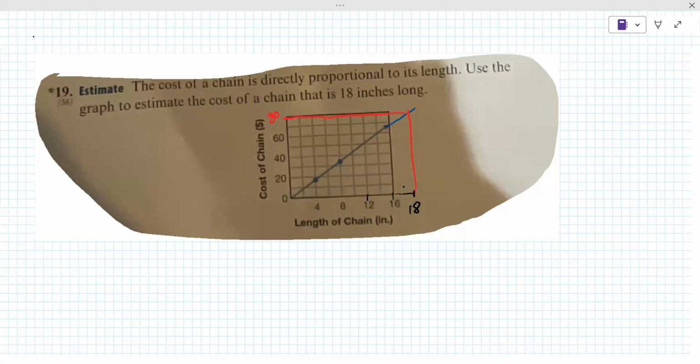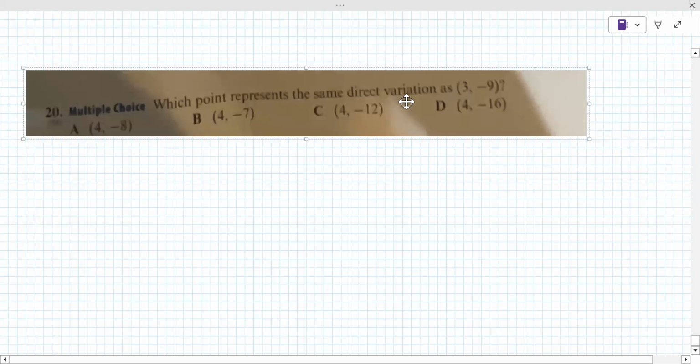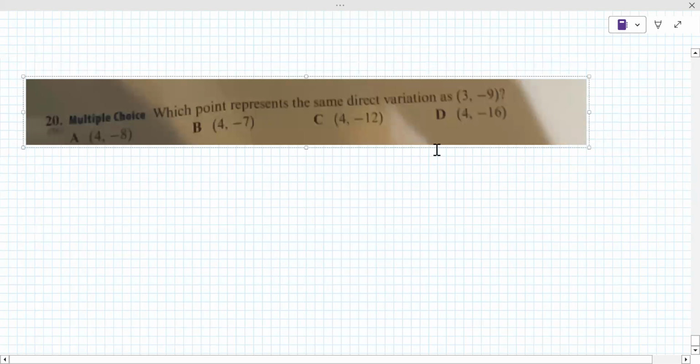I think that's it. I don't think there's much more that's asking for. Yeah. Okay. 20, which point represents the same direct variation as 3, -9? The way to do this is to recall what it means to have direct variation.